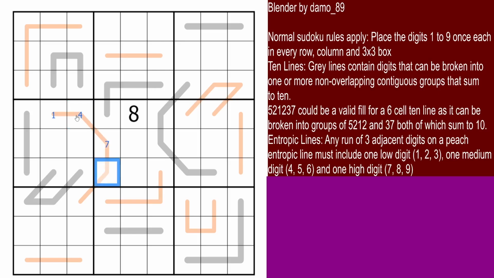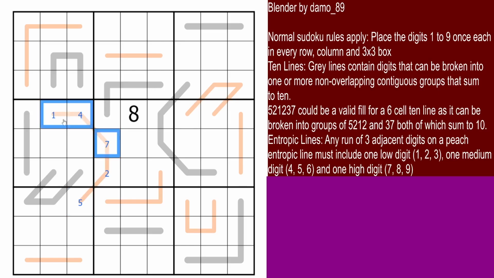Now what is this going to be? Because these 3 should also contain one of each, but middle and high are already there, so this has to be low again. And then what is this? Again these 3 must contain all the 3 groups, but high and low are already there, so this must be middle. That means on these lines the entropy pattern repeats.